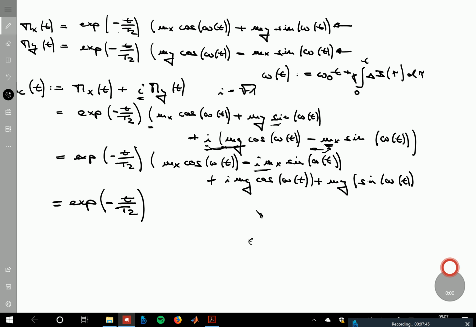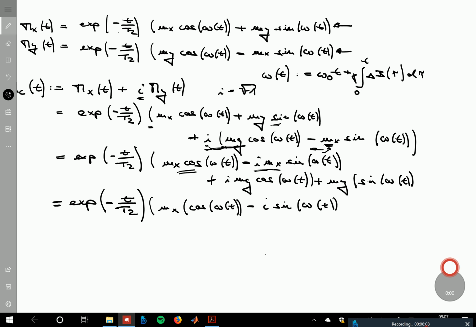Then we can take the mx, so we have mx here and we have mx here, so we can take our mx out of this and have cos omega t minus i sine omega t, which is good.